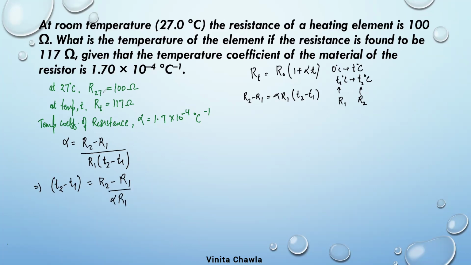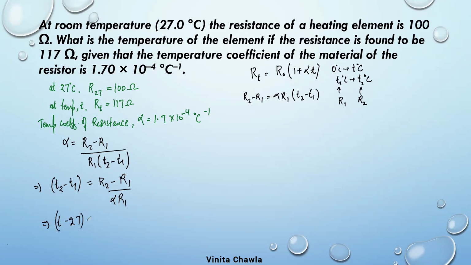Now we can consider this R2 as resistance at temperature T. So we can write this as T minus 27, since 27 degrees Celsius is given.